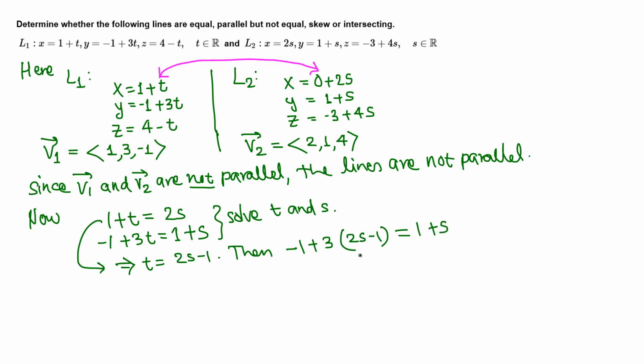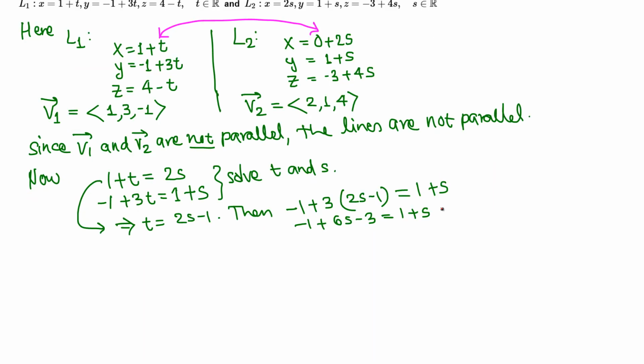Only one variable, so we should be able to isolate s. Distributing, negative 1 plus 6s minus 3 equals 1 plus s. Numbers on the right side, variable on the left side, so subtract s from both sides, and negative 1 minus 3 is negative 4, so add 4 to both sides. Then we get 6s minus s, so 5s equals 5. So s equals 5 divided by 5, which is 1.